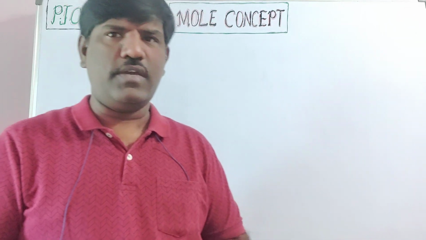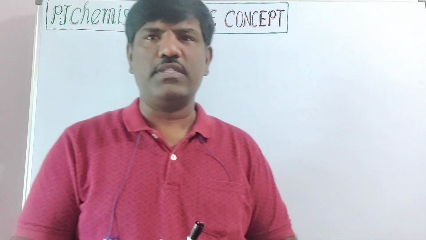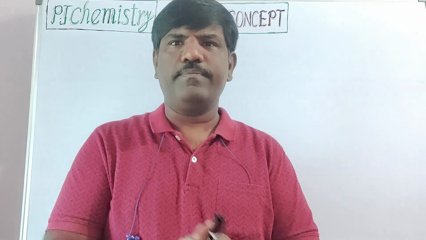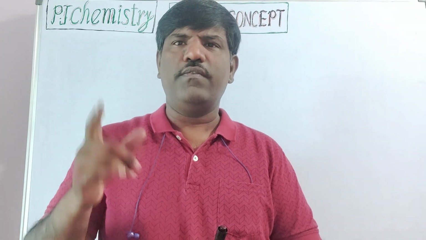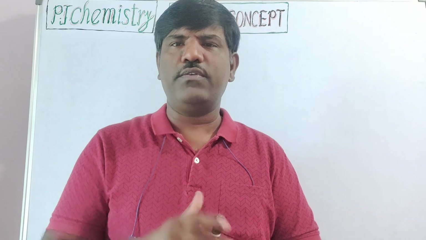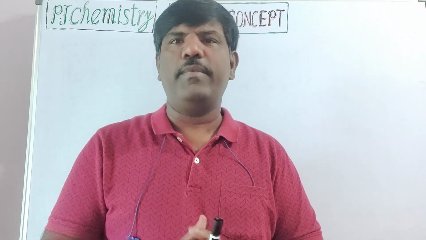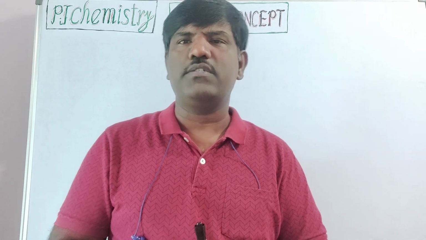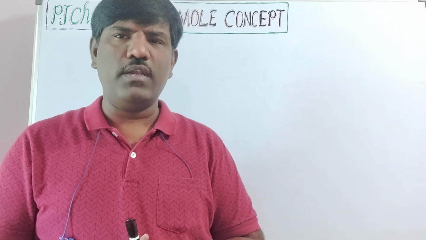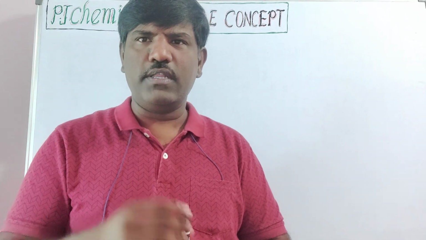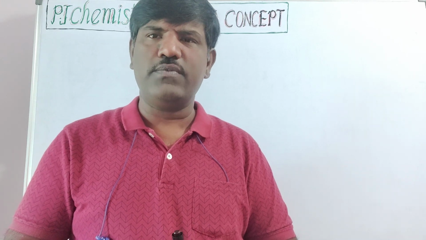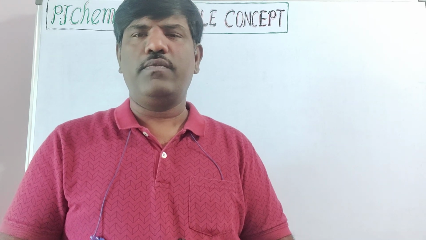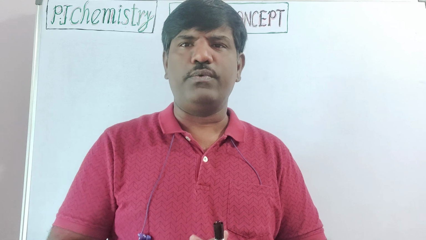Let me give a brief recap of the previous video. We discussed the atomic mass unit: when an atom is divided into many parts, for example carbon, whose mass number is 12, divided into 12 parts, one of the smallest parts, 1 by 12th part of the C12 isotope, we consider as AMU.